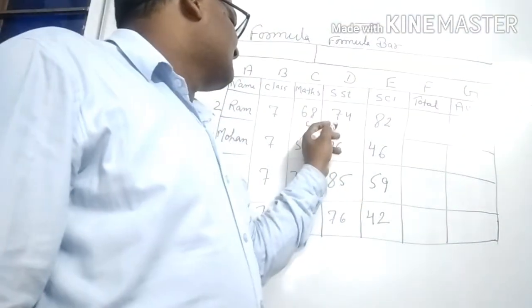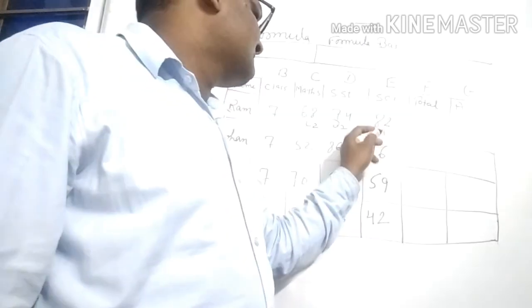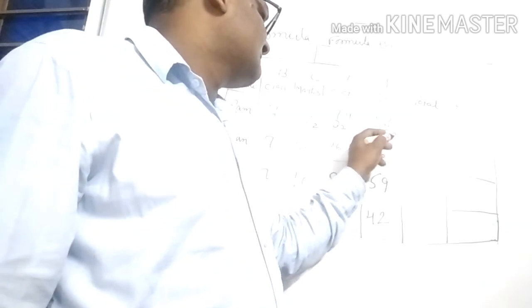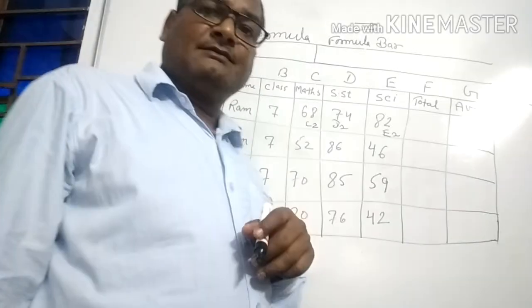And this is D2 and this is E2. Then how will we add? How will we find the total?